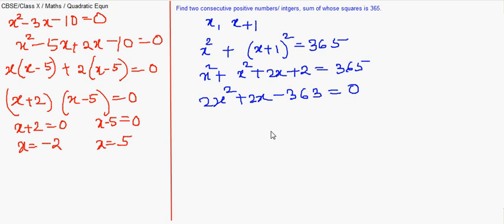Now 363 into 2 will be 726. And I need to factor 726. Is this divisible by 6? It gives me 121, and it is 11. No, do I take it with 3?